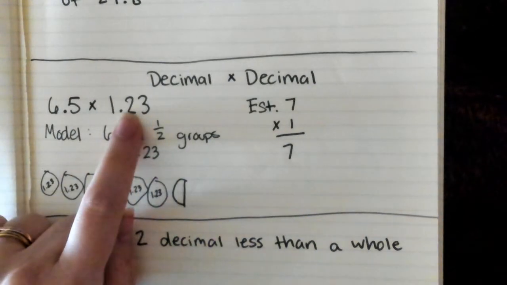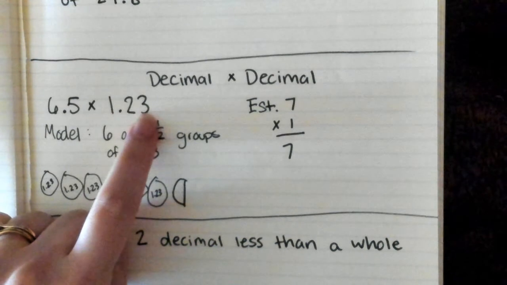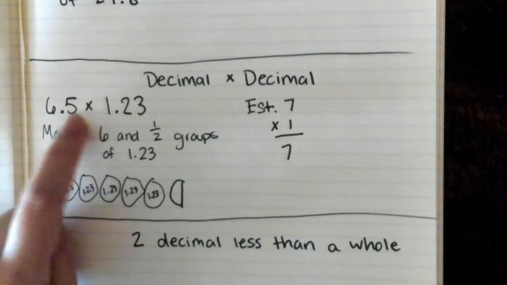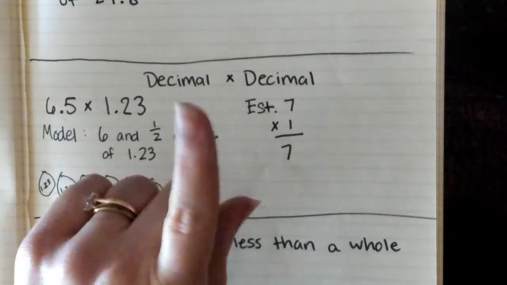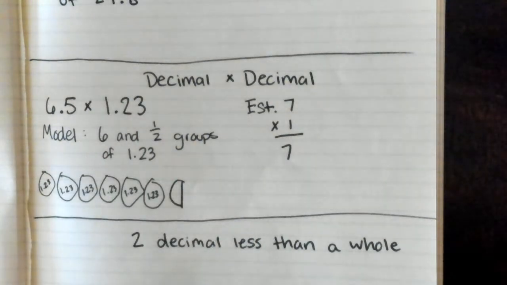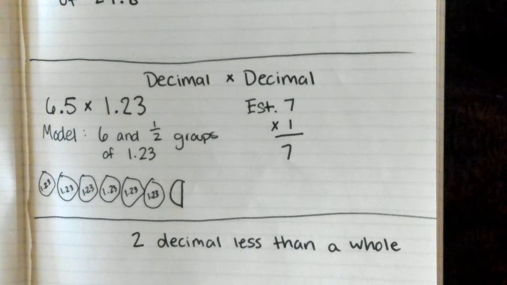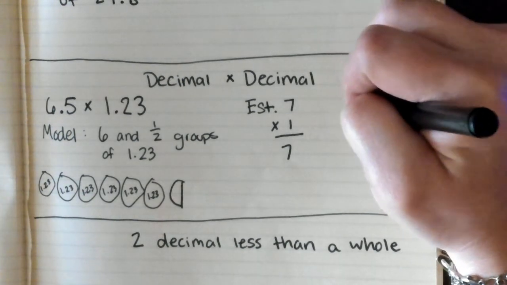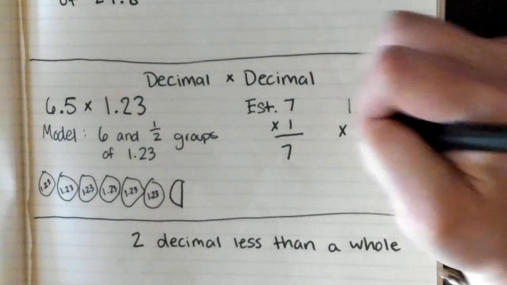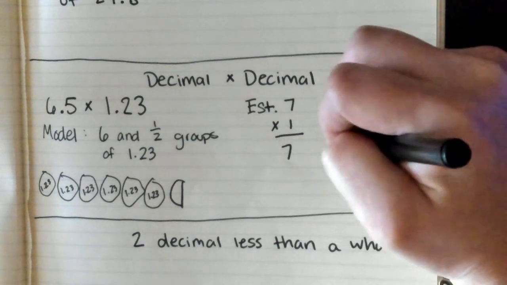This one does. This has 3 digits, 1, 2, 3, versus this only has 2 digits. So you shouldn't put the bigger number on top. You should put the number with more digits on top. So I'm going to put the 1.23 on top underneath the 6.5.